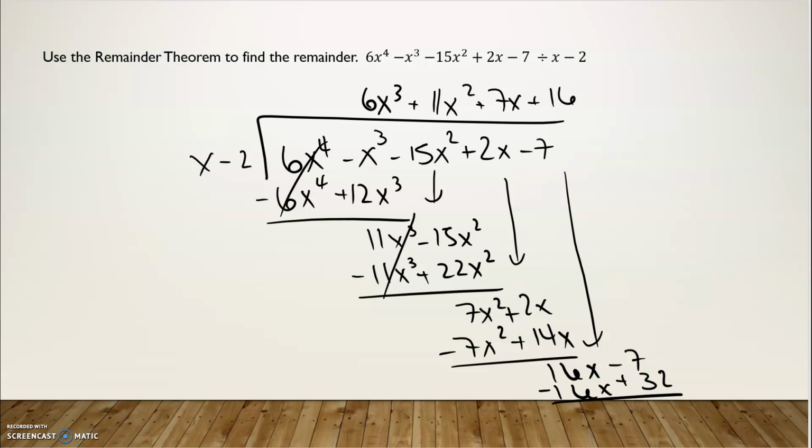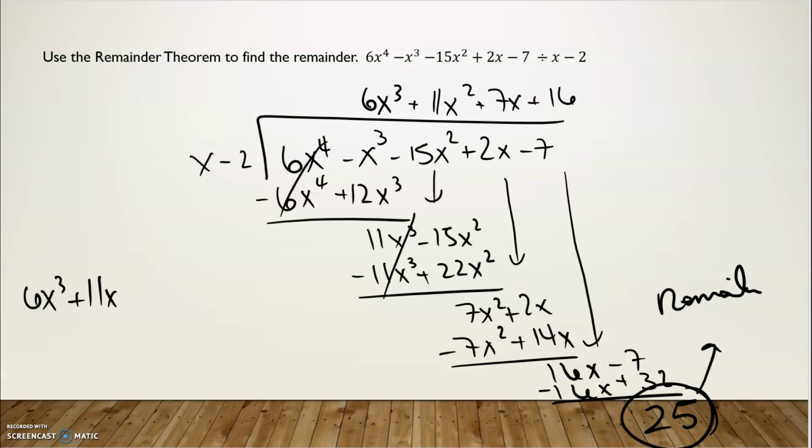Change the signs. 32 minus 7, hey, that is 25. Now remember, this right here was always the remainder. So what we have for our final answer is 6x cubed plus 11x squared plus 7x plus 16 plus 25 over x minus 2.